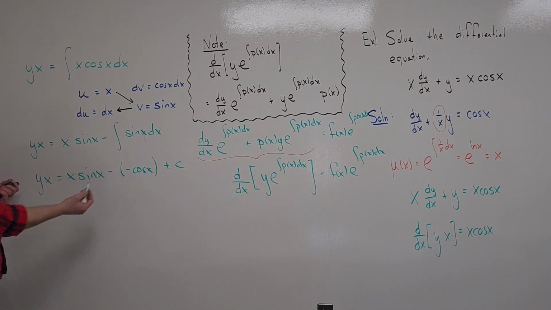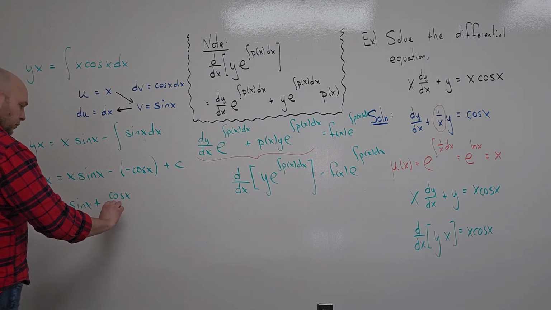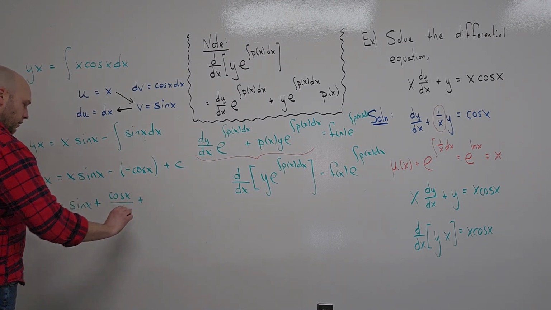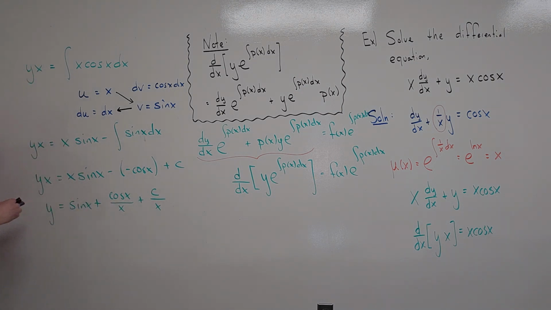Minus minus makes a plus, and then we divide the whole thing by x. So the solution to the differential equation is sine of x plus cosine of x over x, plus that arbitrary constant c divided by x. And this again is the solution to that differential equation.